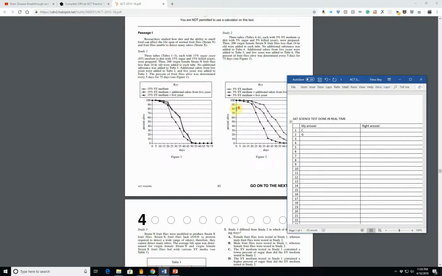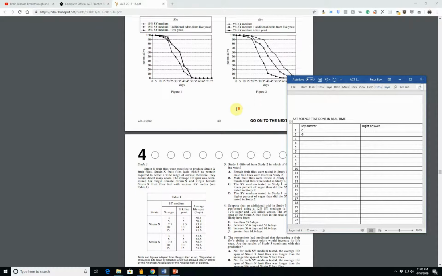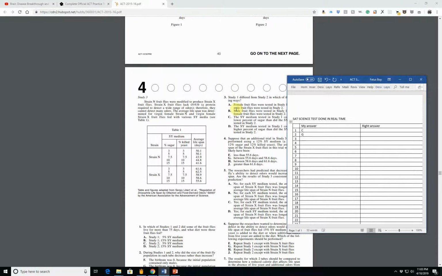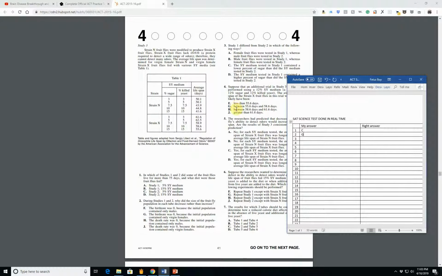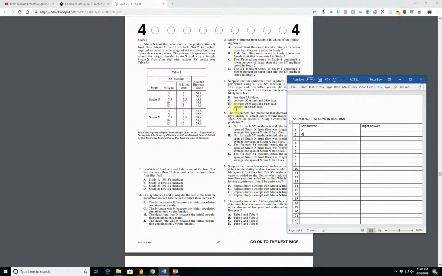Okay. Nope. So, study 1, oh, I see, study 1 contained a higher percent of sugar. Okay, so yes, 3 is D, because in study 1 it did contain a higher percentage of SY medium.